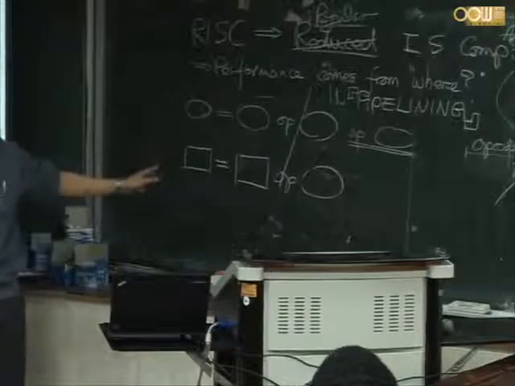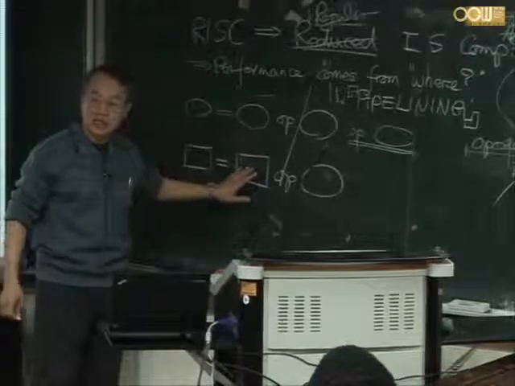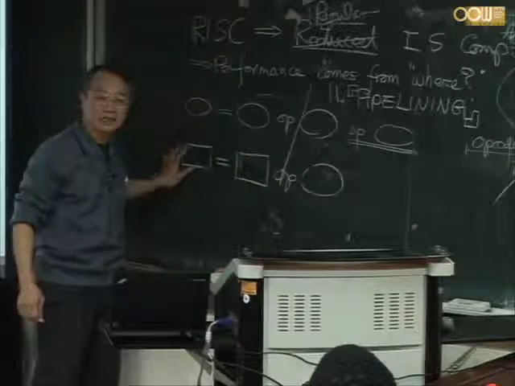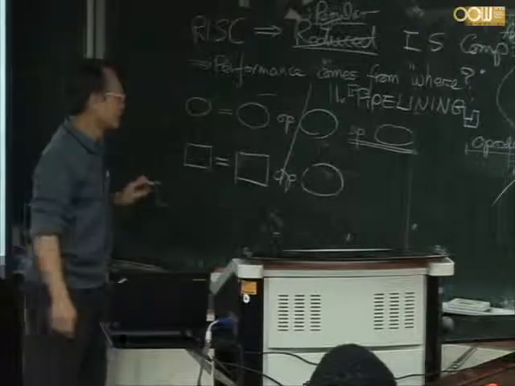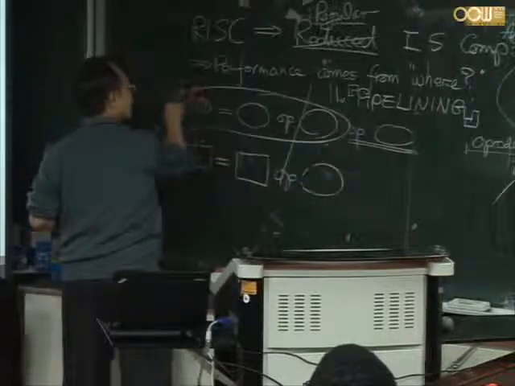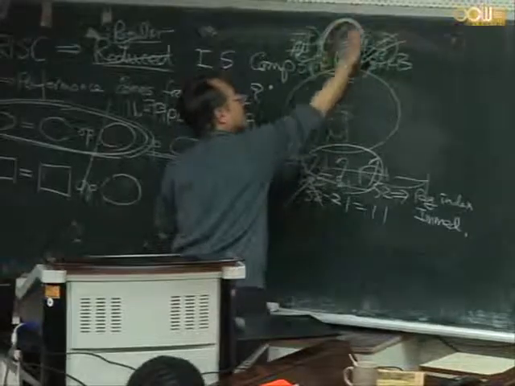This is general purpose enough, but then your source is limited to be the destination all the time. So it's not general purpose enough. So this is the most desirable format. That's why RISC says 3 address. 3 address means 3 operands, and register to register. For most operations, everything should take place internally.